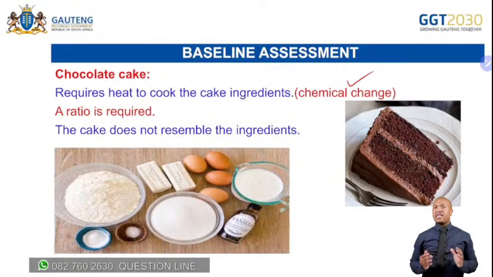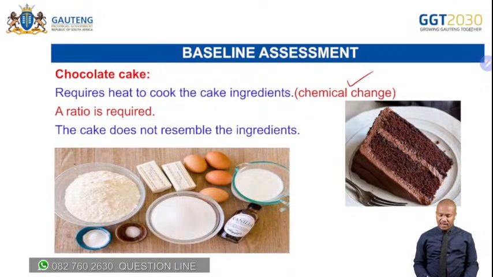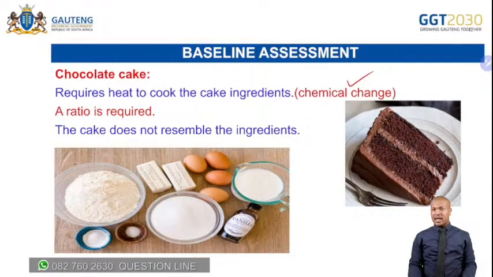When looking at a cake as a final product, now you need to think of what made the cake to be that final product, right? It is made up of eggs, your vanilla essence, your milk, your flour, your sugar, and so on, right? But all the ingredients, looking at them one by one, they are different from the product, which is the chocolate cake. So meaning a chemical reaction and a change has taken place to bring about this chocolate cake as a product.